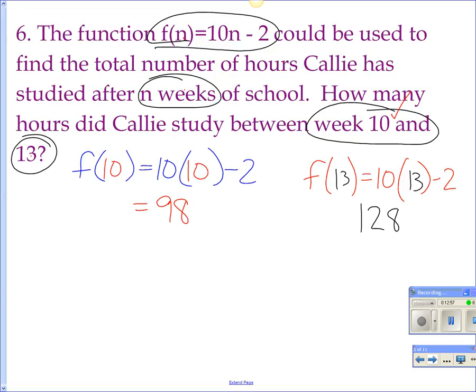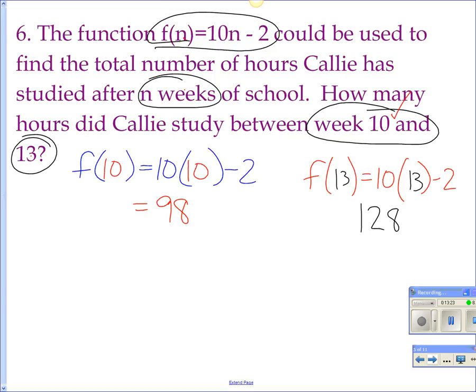The question says, here's the question part. How many hours did Callie study between week 10 and week 13? So she was at 98 hours. Then she was at 128 hours. How many did she study between these two?